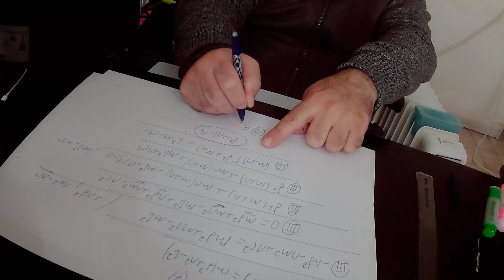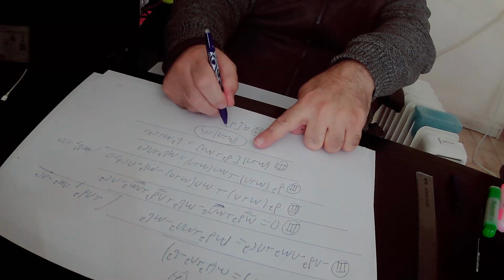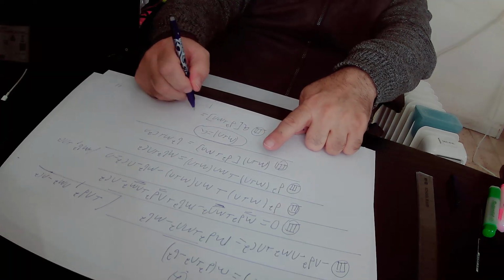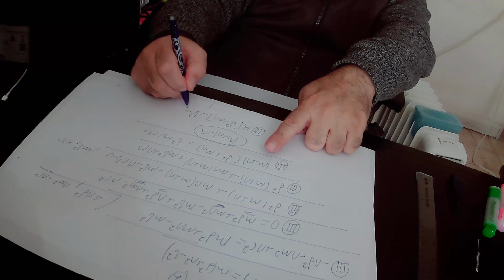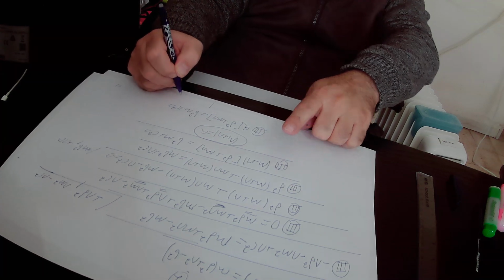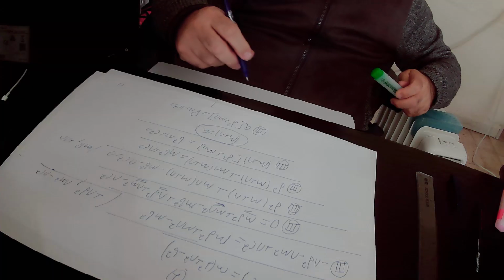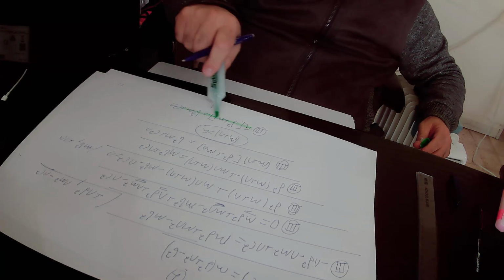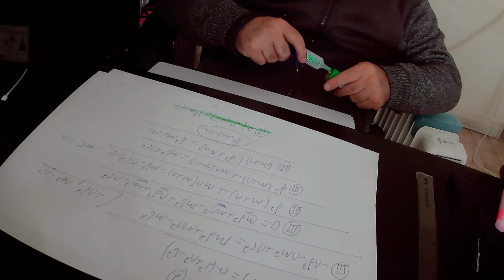Inside the brackets we have d squared plus mn, and it is equal to b squared m plus c squared n. Okay, and this is exactly Stewart's theorem. So we proved Stewart's theorem in two different methods.